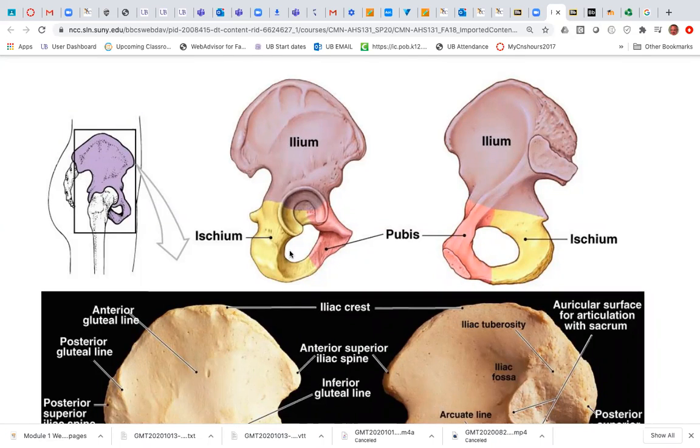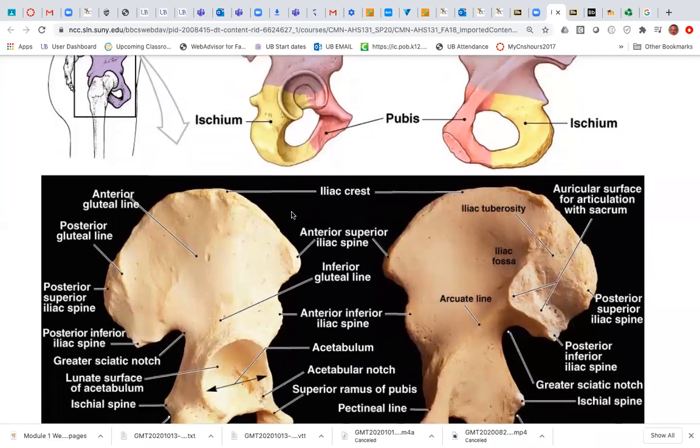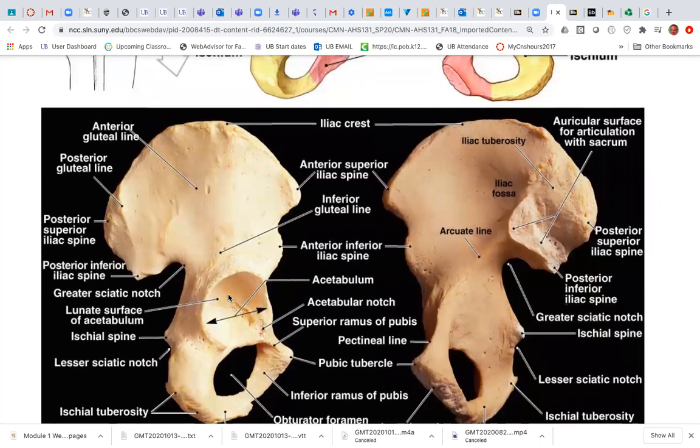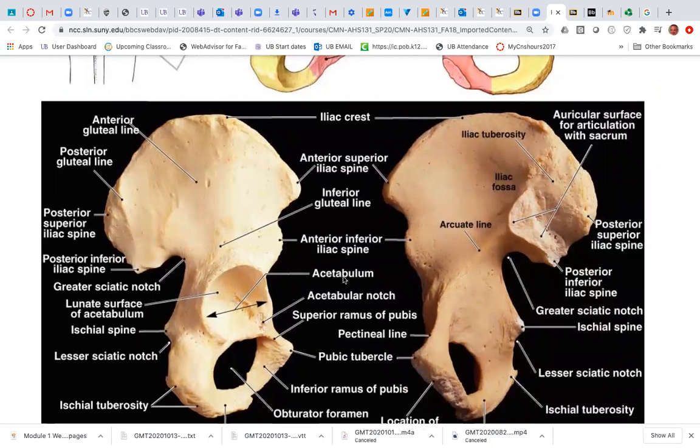When the ilium, the ischium, and the pubis ankylose or fuse, it creates this socket that's referred to as the acetabulum, or also the acetabular fossa. They're both acceptable terms, acetabulum or acetabular fossa.